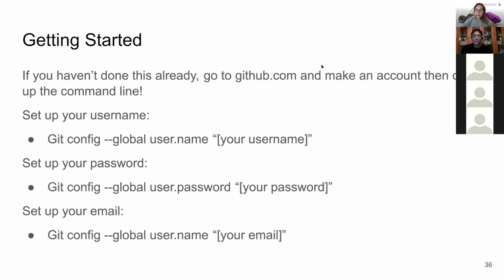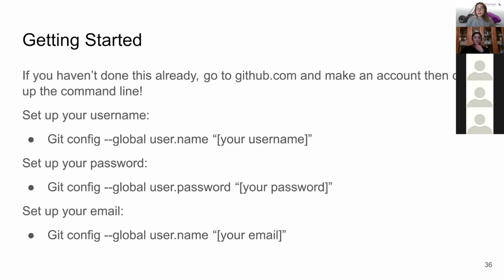So before the workshop, I got you all to go onto GitHub to make an account if you hadn't yet. So hopefully that's all taken care of. What we're going to do now is set up our GitHub on our computers so that it's ready to use.